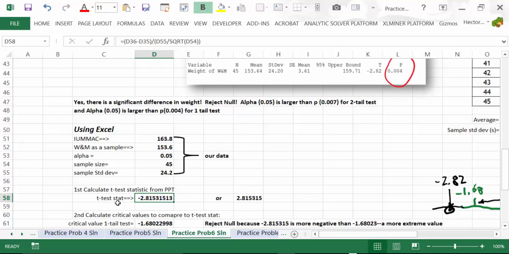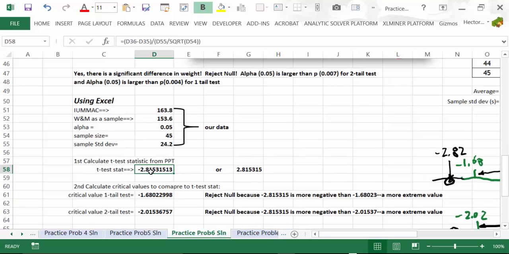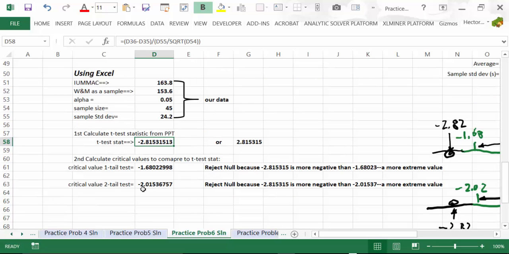So we calculate a t-stat here, and the t-stat is the difference between the two. It could be positive or negative. We're just trying to see if the t-stat that we calculate is different from the critical values. We're going to use the negative because we know that we were lighter than the other teams.